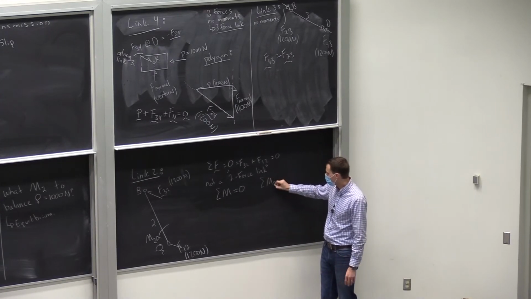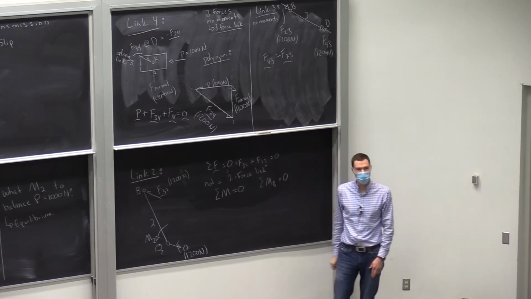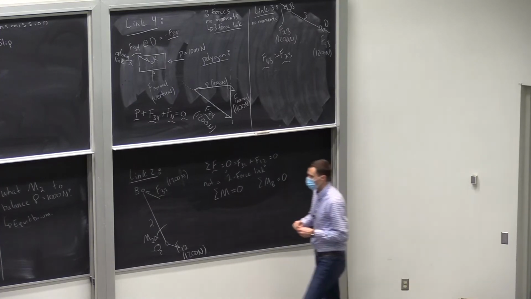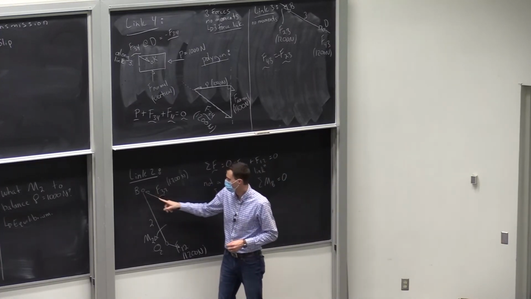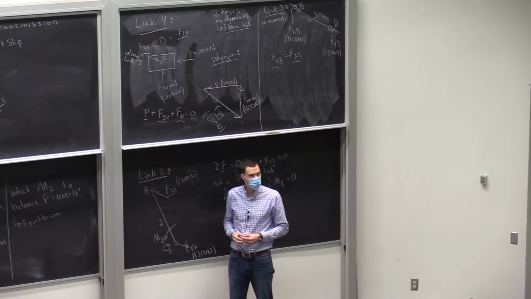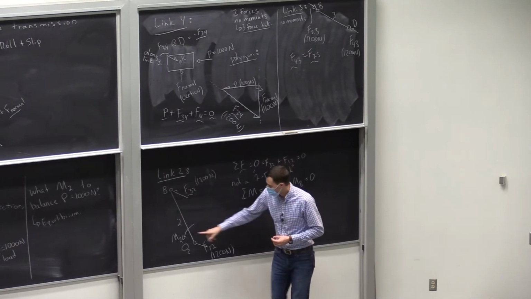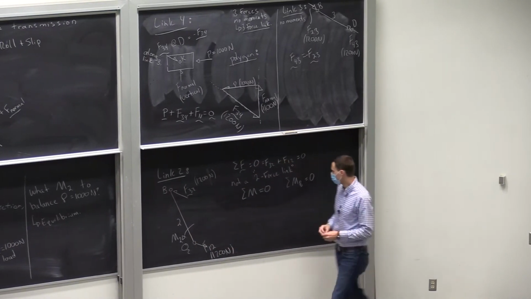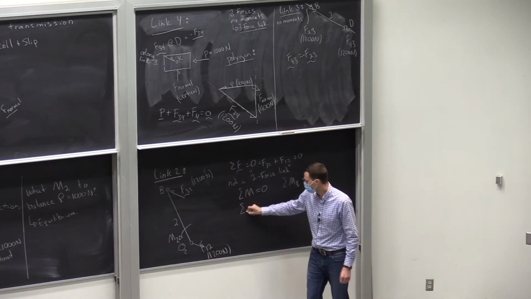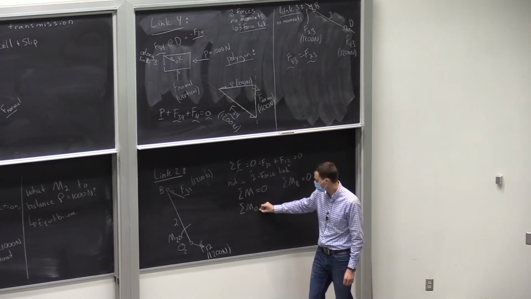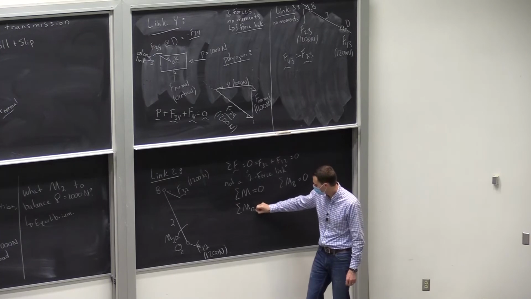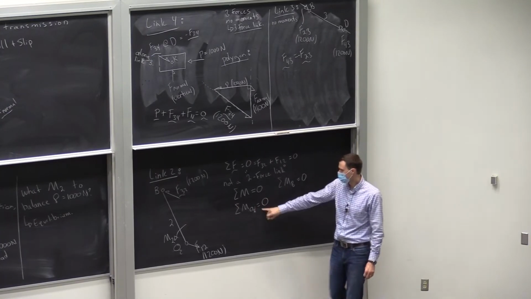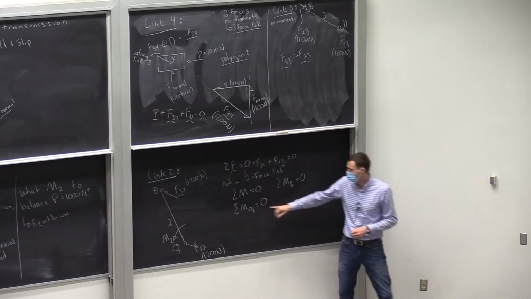Sum of moments about B equals 0. That's a fine one. F32 goes through B, so it wouldn't appear. But you'd have your moment, and you'd have F12. Or another logical one you could try is sum of moments about the base point, O2. And that's the one that makes the most logical sense to me.